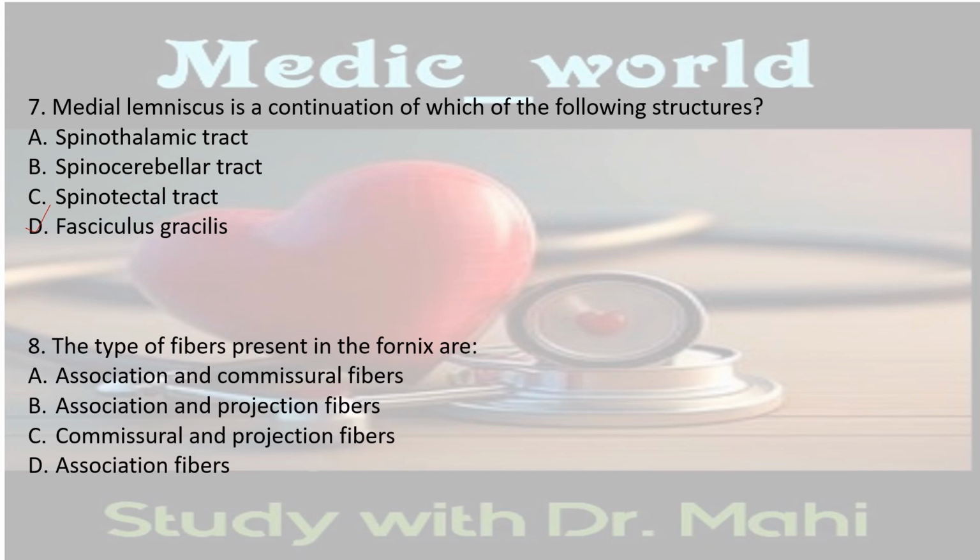The fibers which are present in the fornix are association fibers except for the hippocampal commissure of fornix which has commissural fibers. Hence, most appropriate answer is option A, that is both association and commissural fibers. So the answer is A.